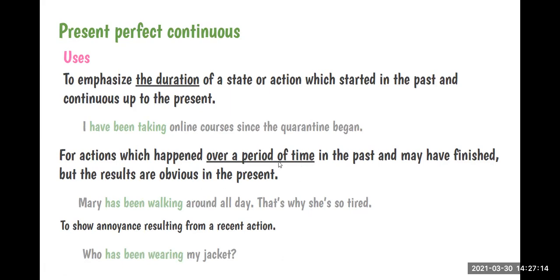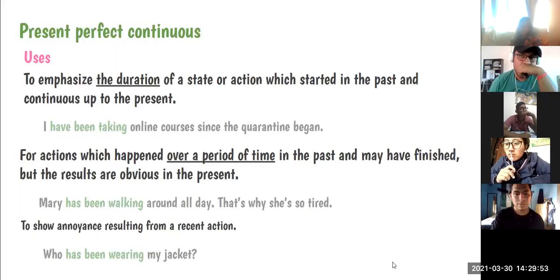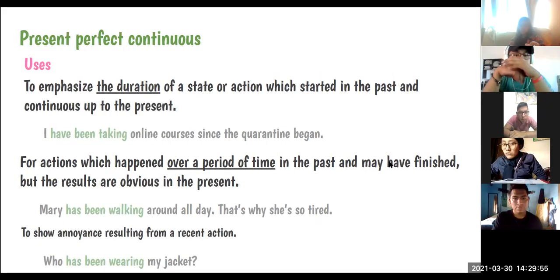Another one that finished, but the results are obvious in the present. But remember that you have to do this action for a period of time in the past. And something that shows annoyance. Okay, I'm going to give you some minutes so you can think about this, and then you can give me your ideas. Let's listen to your ideas.